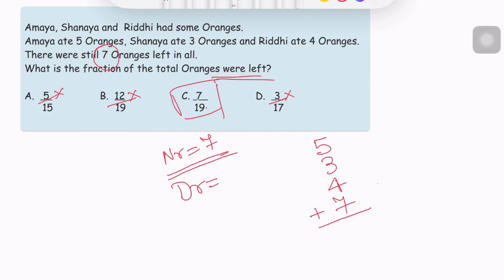So we will add 5 plus 3 is 8, 8 plus 4 is 12, 12 plus 7 is 19. So the denominator is 19, and the fraction of left oranges will be 7 by 19, or 7 upon 19. So this is the right answer, which means our method of elimination was also correct. And if you got this answer correct, you can give one score to yourself.